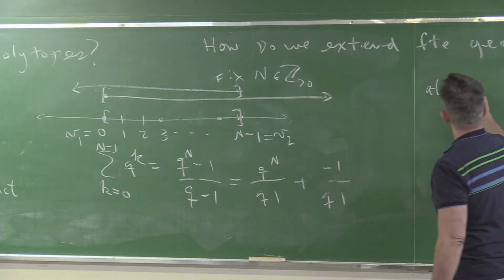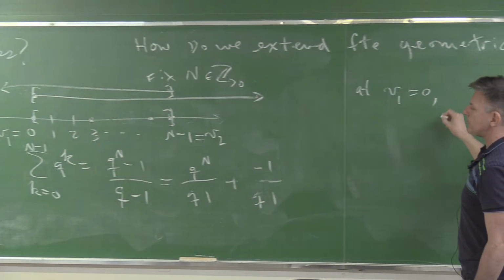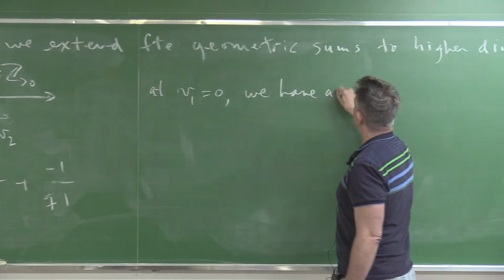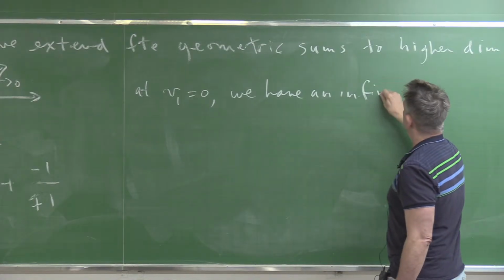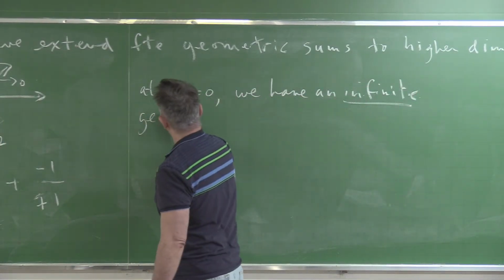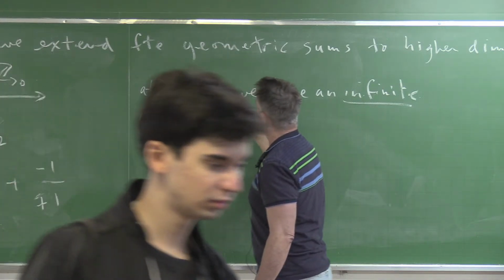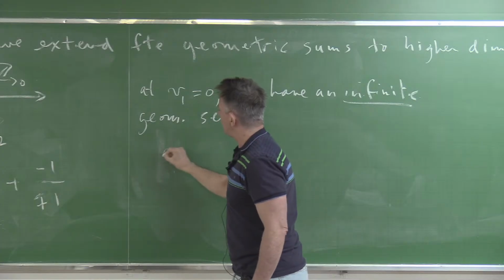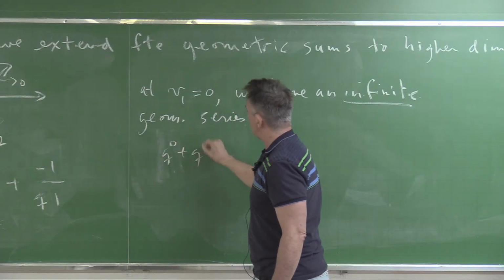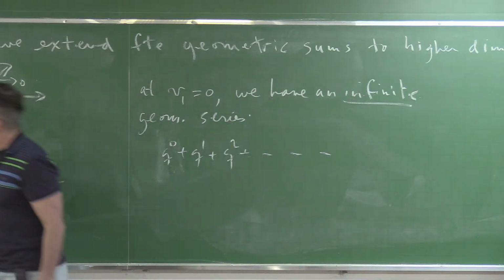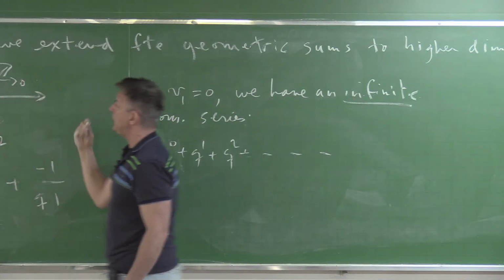At vertex 1, we have an infinite geometric series, q to the 0 plus q to the 1, and so on. The geometric series by definition encodes all of these integers from 0 to infinity.